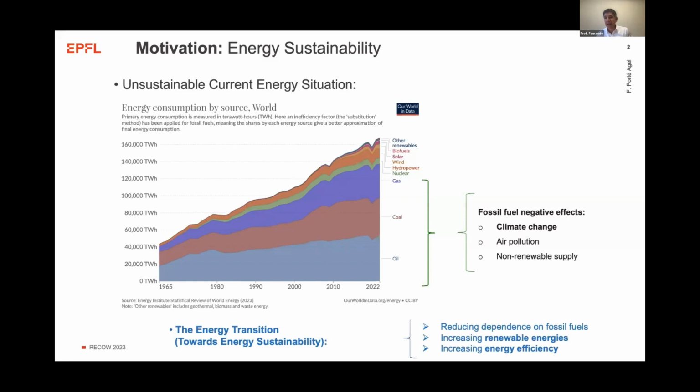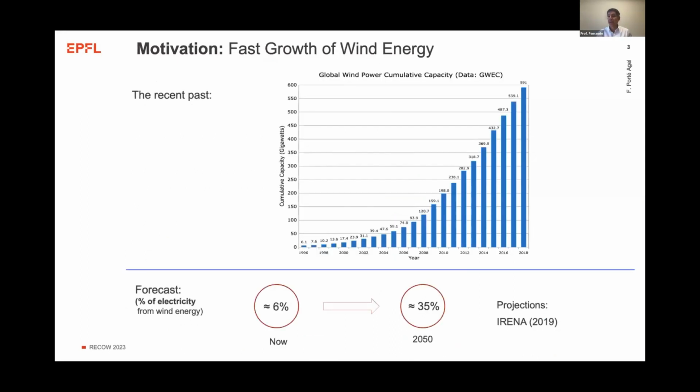So it is clear that the energy transition towards more sustainable, more renewable energies has to be accelerated. Among those energies, wind energy is growing very fast.